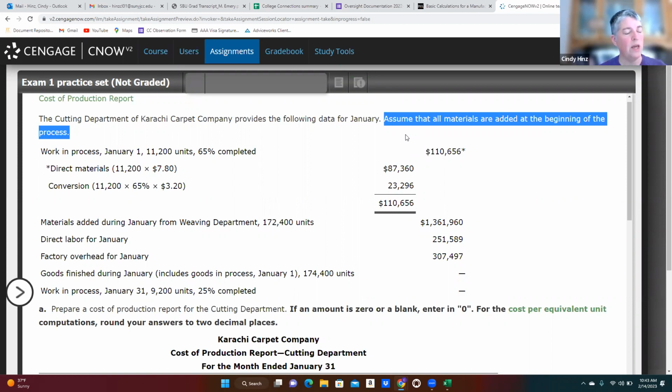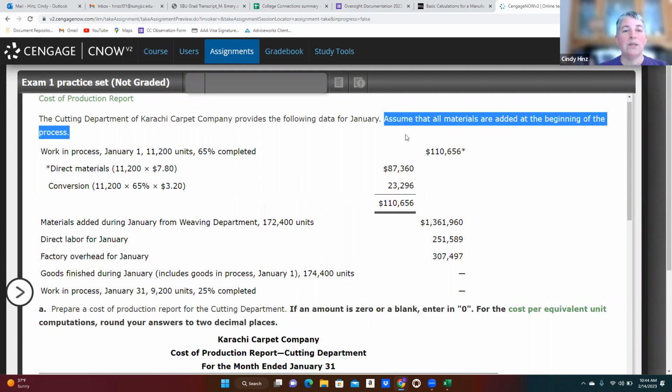It certainly could be the case that materials are added throughout the process. I usually use the analogy in class that if you are making chocolate chip cookies, some people throw all the ingredients in the bowl and then just mix them up. But some people actually follow the directions, and they start with the butter in the bowl and cream that, and then they add the sugar and cream that together, and then they add the eggs one at a time, and then they add the other things, maybe they sift the flour and the baking soda together, and then add that a little bit at a time.